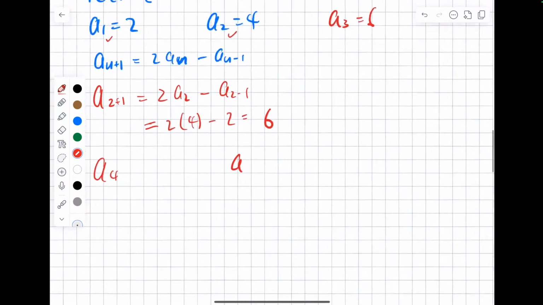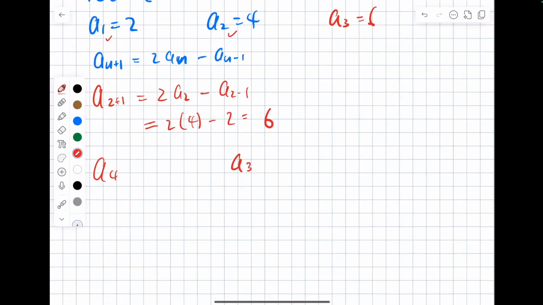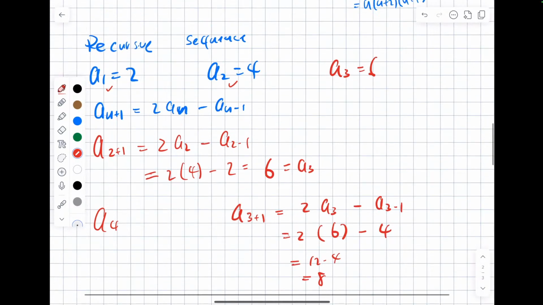So A4 is equal to a_{3+1}, which equals 2a_3 minus a_{3-1}. So it's 2 times A3, which we already have, 6, minus A2, which is 4. So 12 minus 4 is equal to 8. So this is actually an instruction for what?